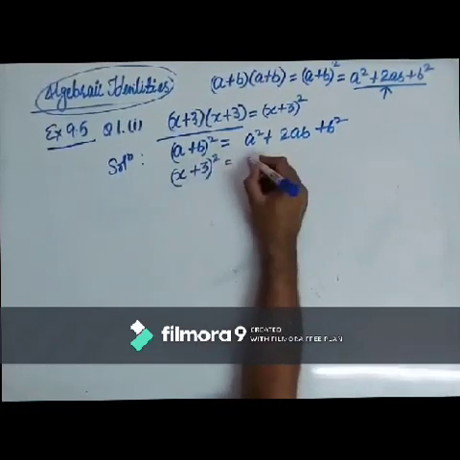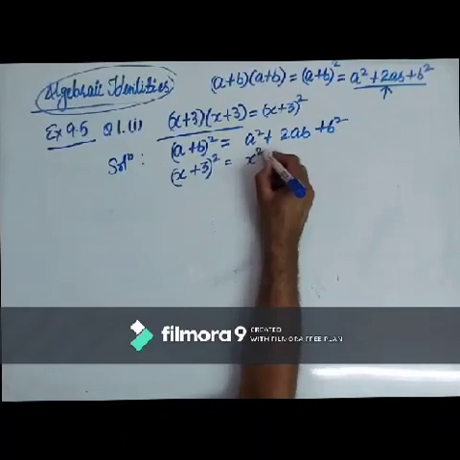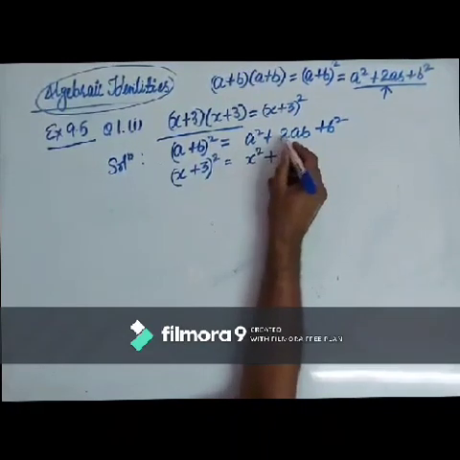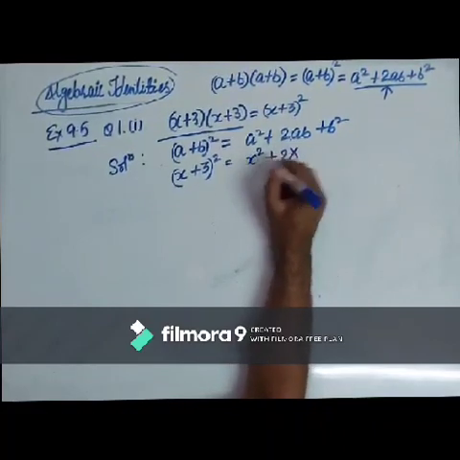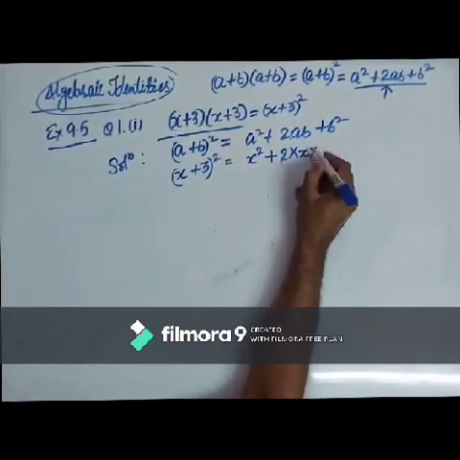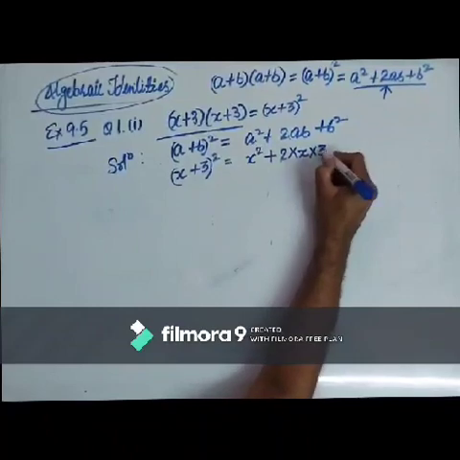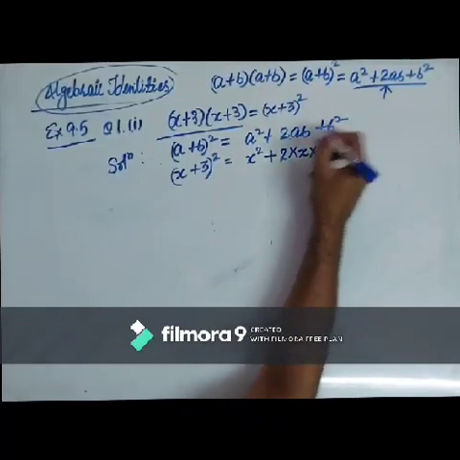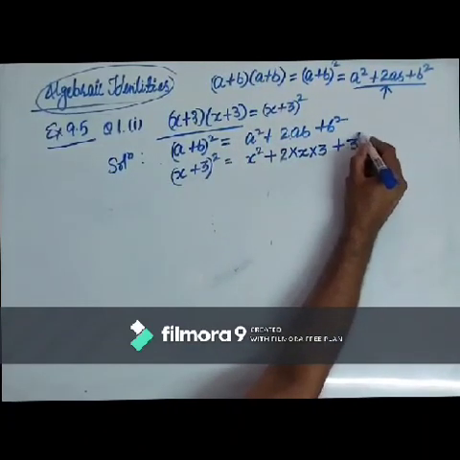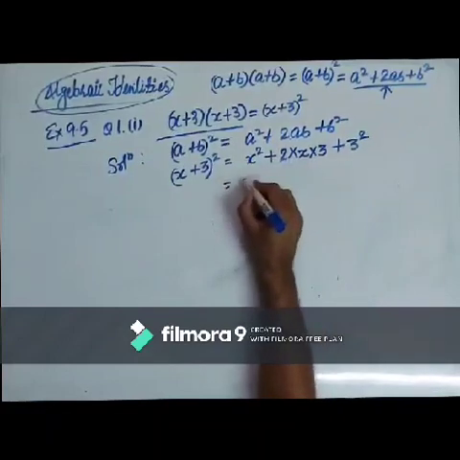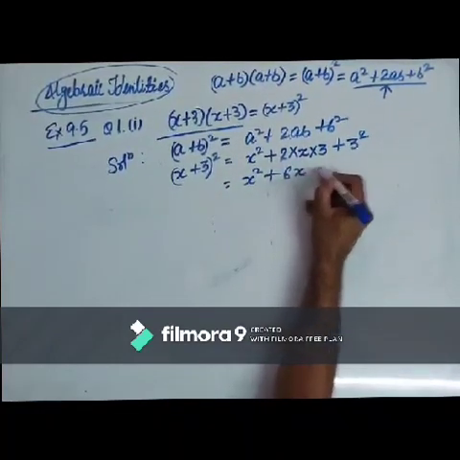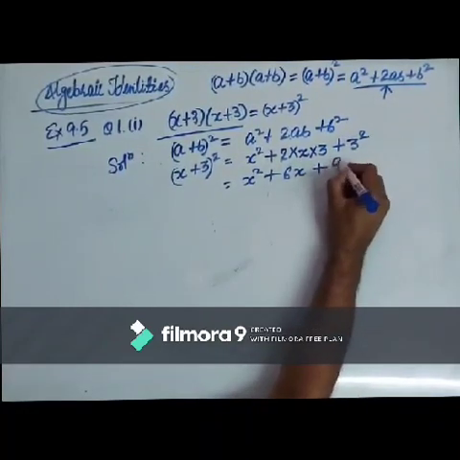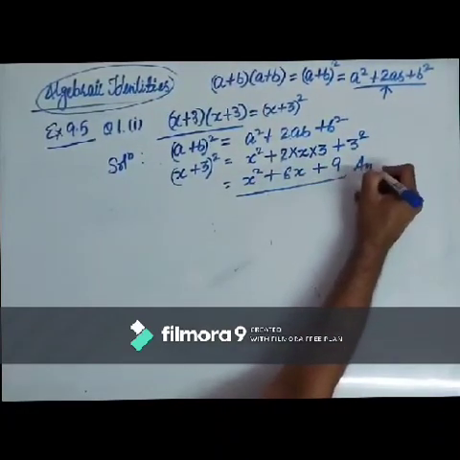So this is x square plus, just copy it, 2 multiplication a, which is x, and again multiplication sign, b is 3, and b square means 3 square, right? So this is your x square plus 3 2s are 6x plus 3 square is 9. So this is your answer.